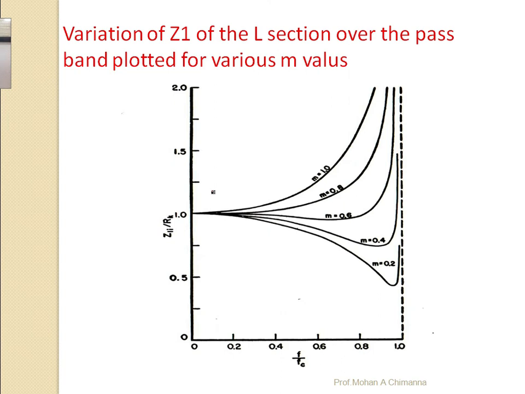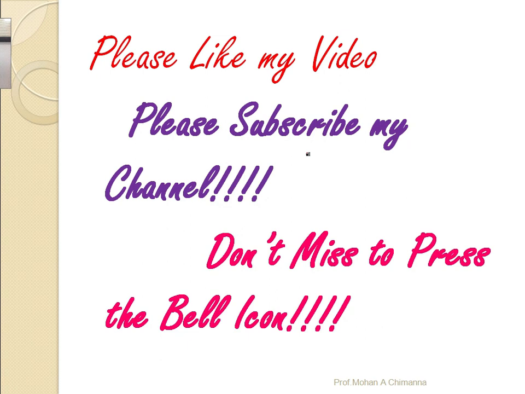Then the variation of the Z1 of the L section over the passband is plotted for various values. As the value of m goes on increasing from 0.21, this ratio Z1I upon RK constantly increases.